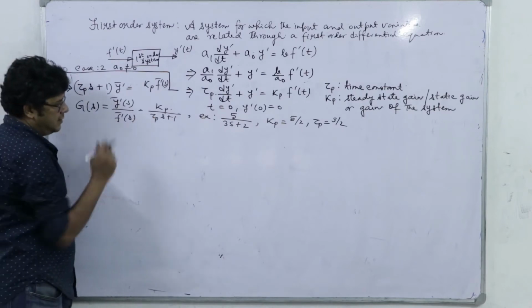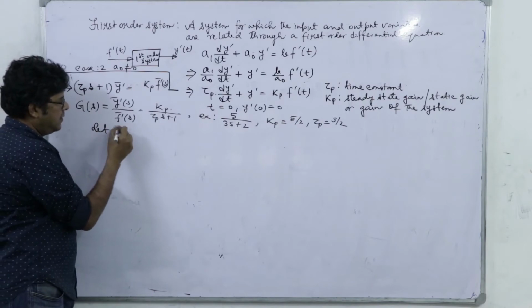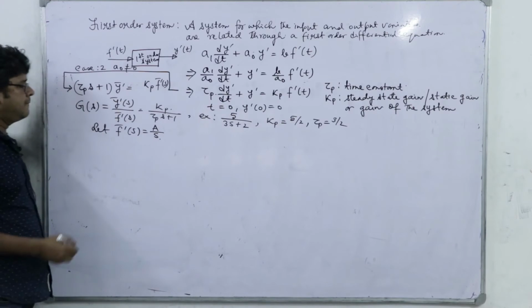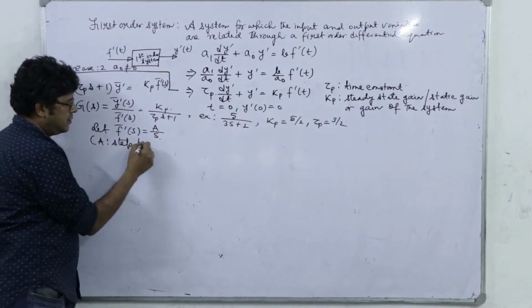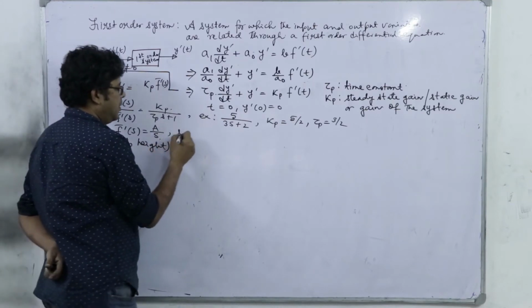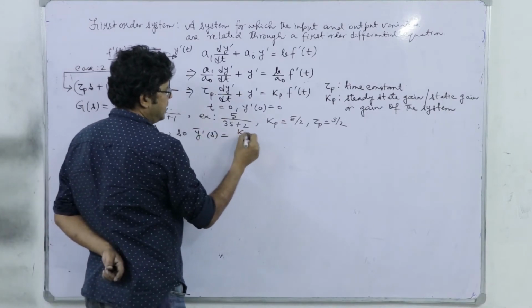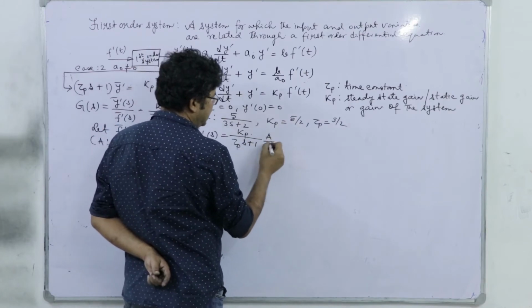So for this again we are giving a step input. So let f prime bar s is equal to A by s, where A is the step height. So y prime bar s is Kp divided by tau p s plus 1 into A by s.